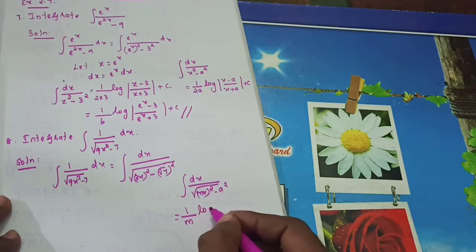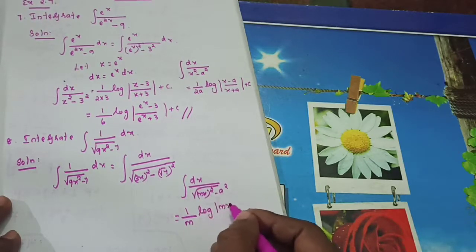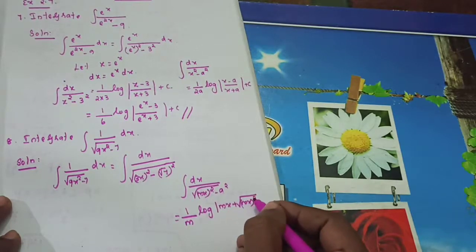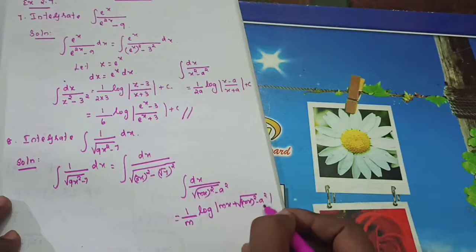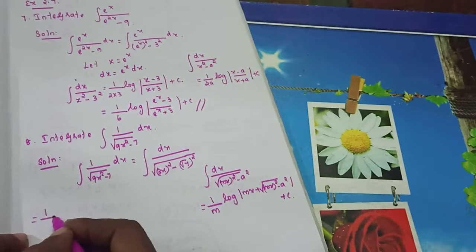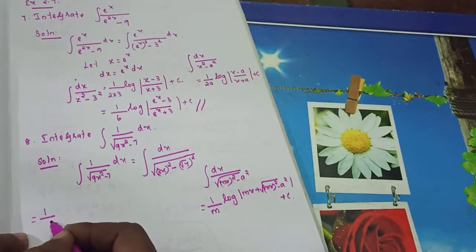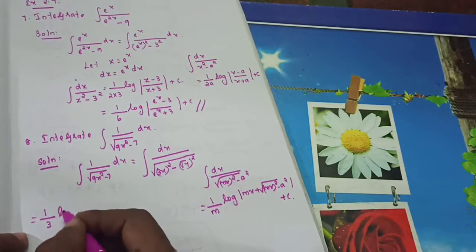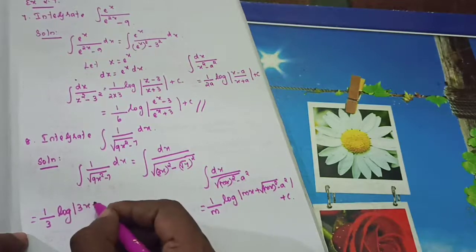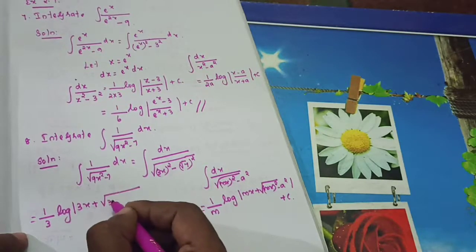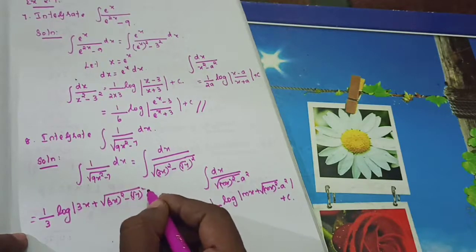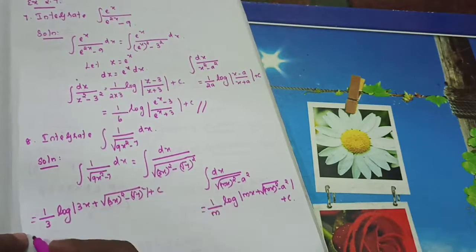So 1 by m into log of modulus of mx plus square root of mx the whole square minus a square, modulus, plus c. Substitute here. 1 by m, what's the m value? 3. 1 by 3 into log of modulus of 3x plus square root of 3x the whole square minus root 7 the whole square, plus c.